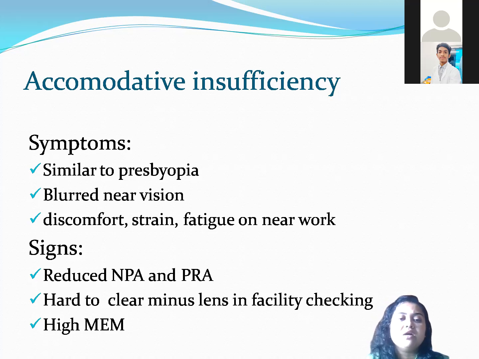So 15.5 should be the amplitude of accommodation. The patient will have a lesser amplitude than the Hofstadter's formula. That is the main thing in accommodative insufficiency. So NPA and amplitude of accommodation will both be lowered.